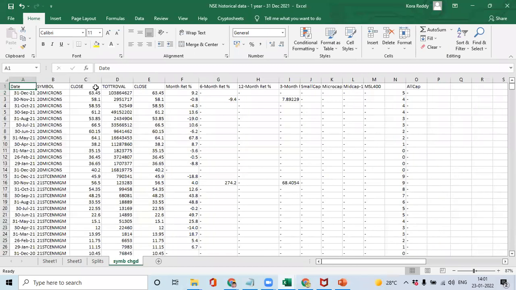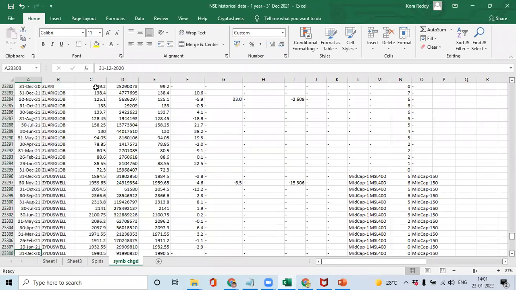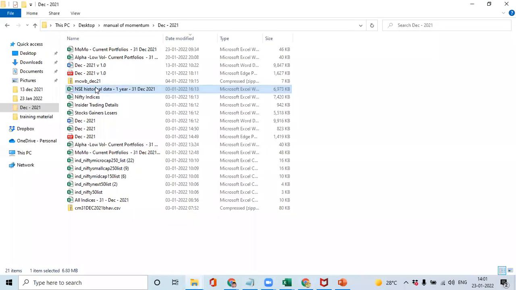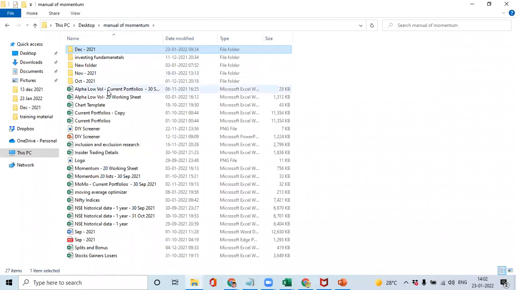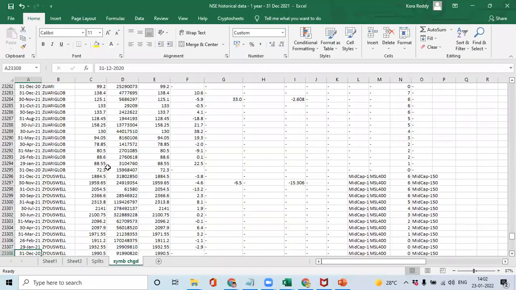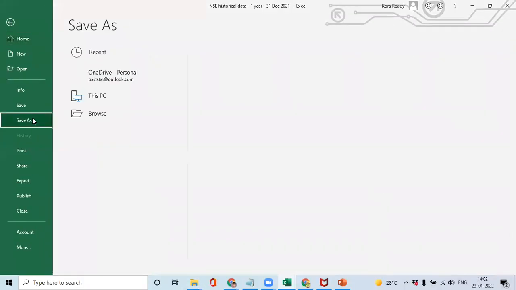If I'm going fast, you tell me to slow down. I will give you the data that I'm using, so don't worry about that.